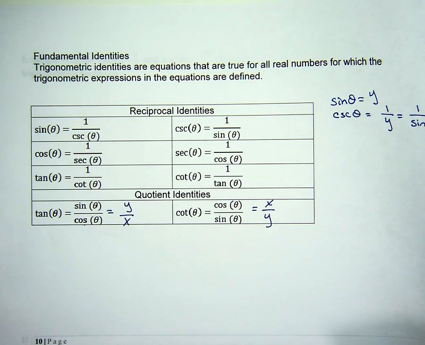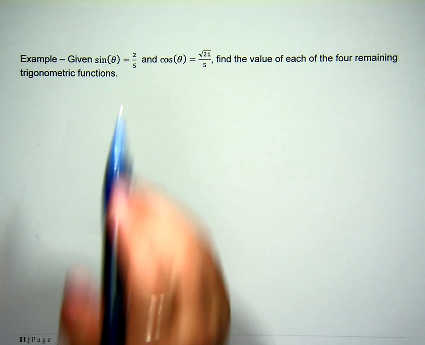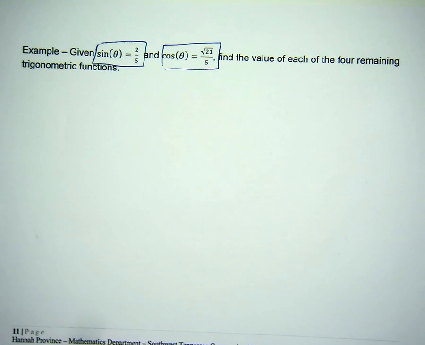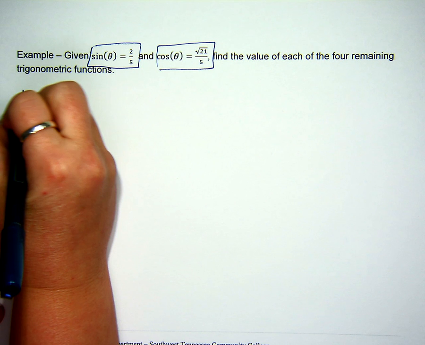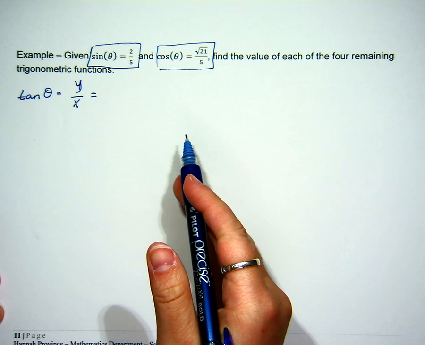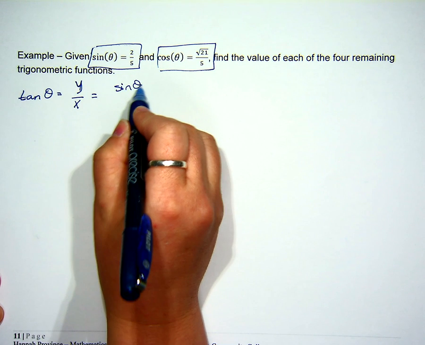Let's look at a couple of examples using this. Sine is 2/5, and cosine is square root of 21 over 5. Find the value of the 4 remaining trig functions. First, let's find tangent of theta. Tangent is y over x, but I don't know the ordered pair. I don't know x, I don't know y. But what do I know? I know y is sine, and I know x is cosine.